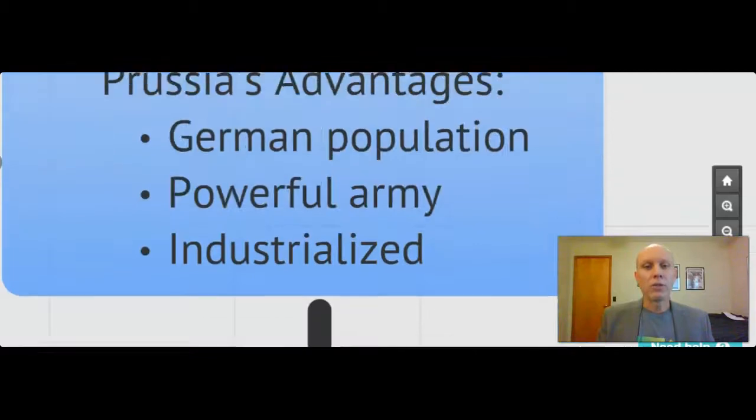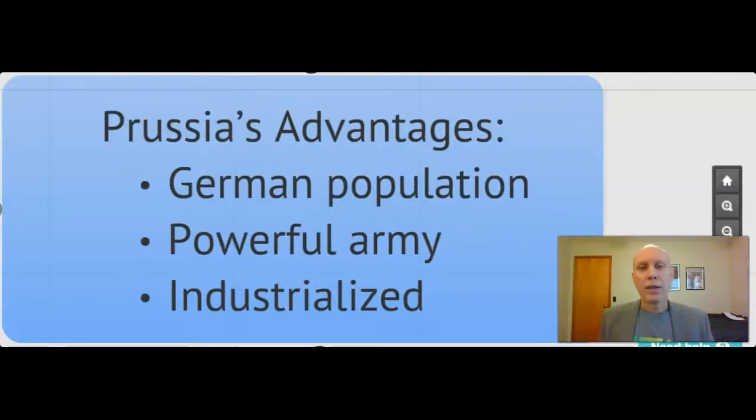Some of the reasons why Prussia had the advantage that enabled it to be a dominant state was, for starters, they had a predominantly German population. One of the things about that is it meant that a lot of common characteristics of the people would be consistent throughout Prussia.